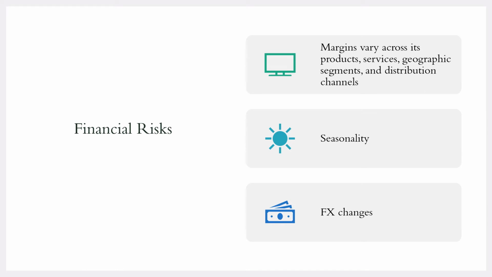And generally speaking, the way that Apple manages those risks is they use derivative instruments such as foreign currency forward and option contracts, which I won't go into because it's far more complex than what we're talking about. But Apple uses these forward and option contracts to hedge specific exposures to fluctuations in foreign currency exchange rates.